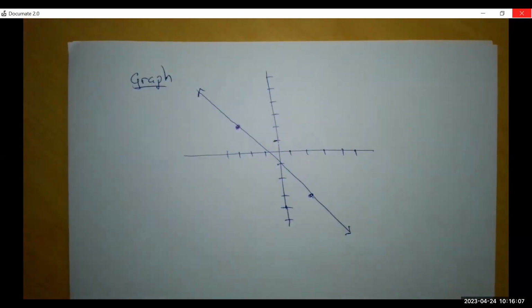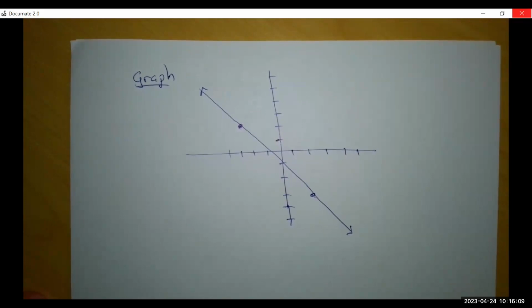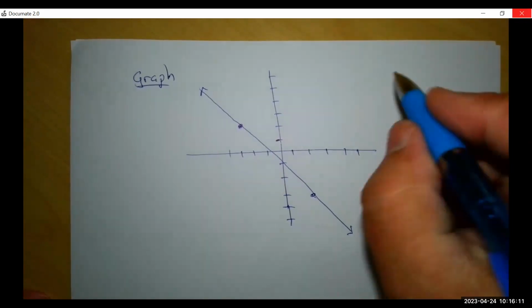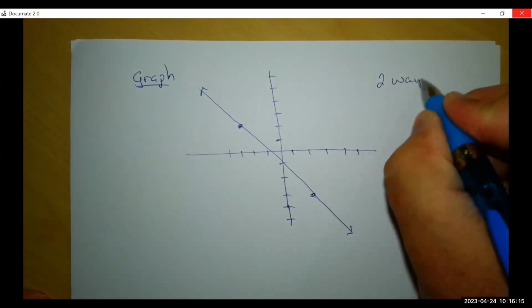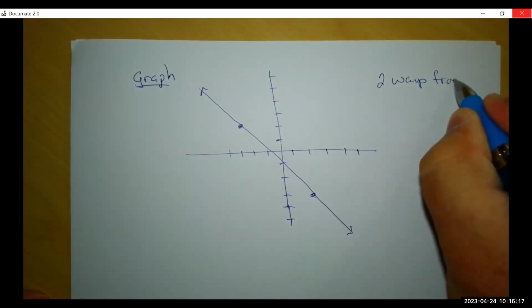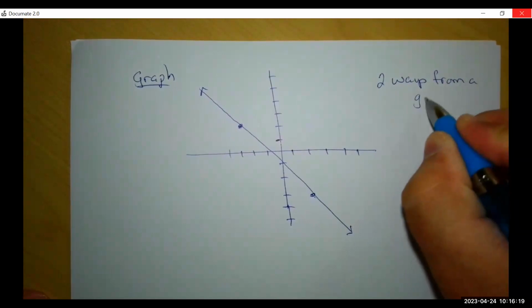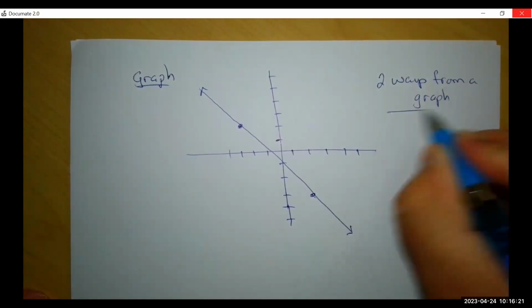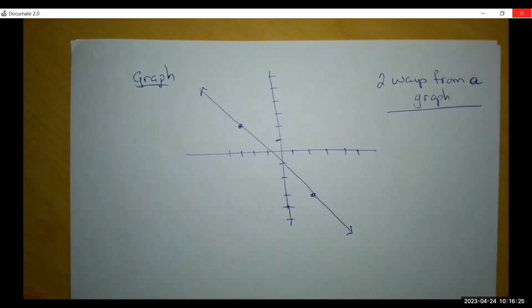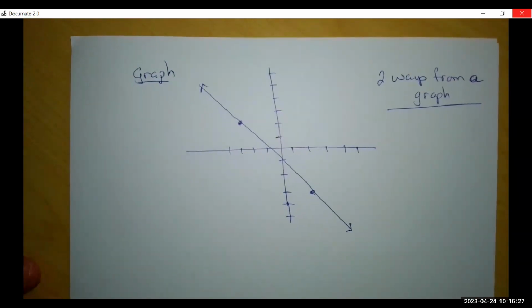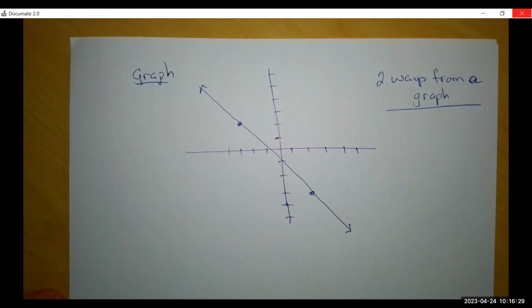Find me the slope of this graph. And we'll do it 2 ways. So what do you think the first way is going to be?